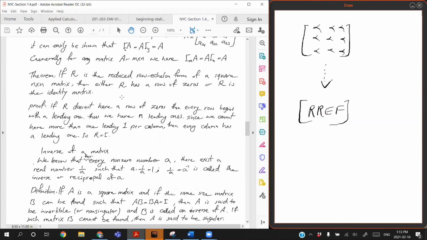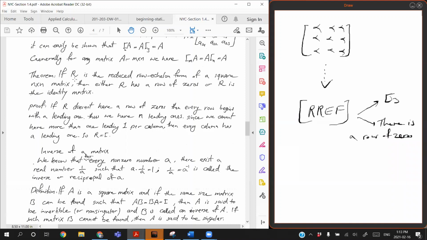Then there are only two things that can happen. Either this is I, in this case going to be I3 because it's 3 by 3, or there is a row of zeros at the bottom, or 2 rows of zeros at the bottom. So that's what the theorem says.